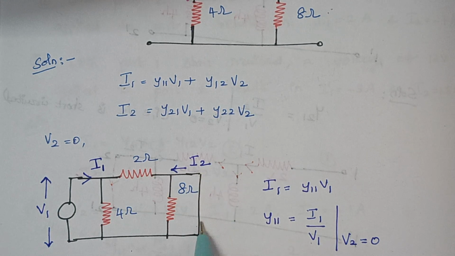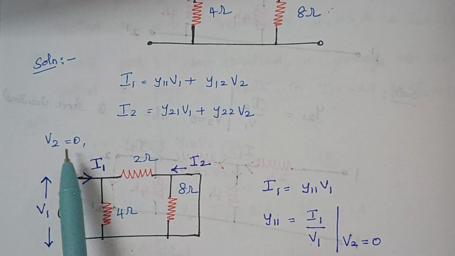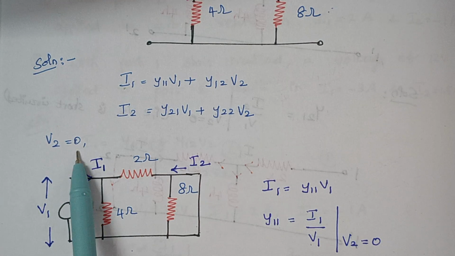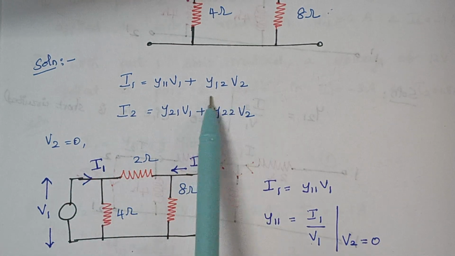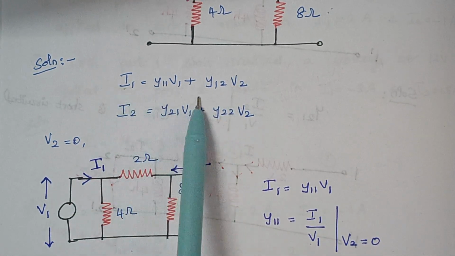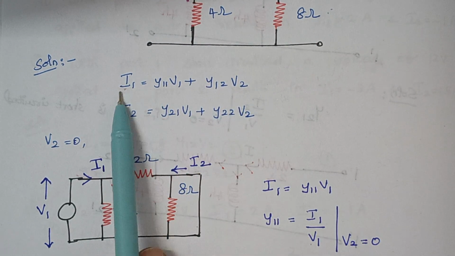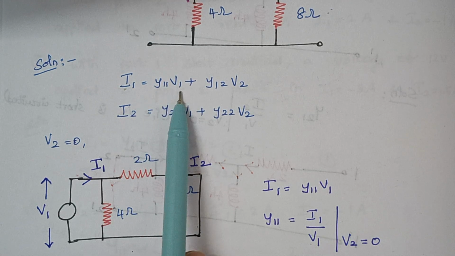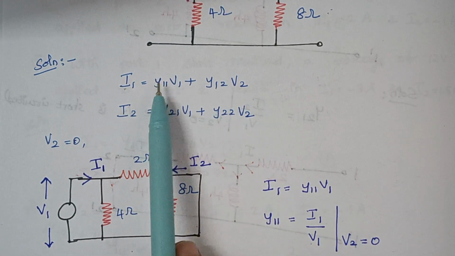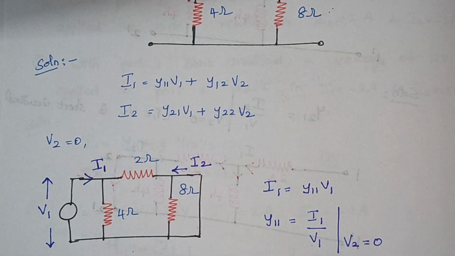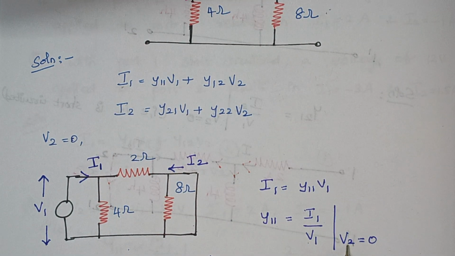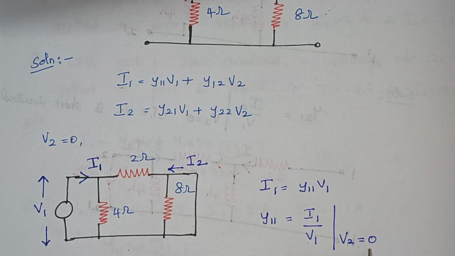I am short circuiting this V2, which means I am making the value of V2 as 0. Once V2 is made 0, this term will become 0. So the remaining terms are I1 is equal to Y11 V1, and Y11 is given by I1 by V1, provided V2 is made equal to 0.